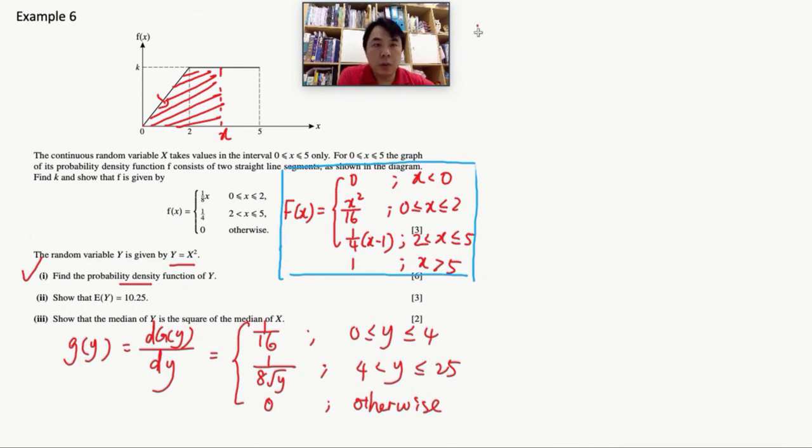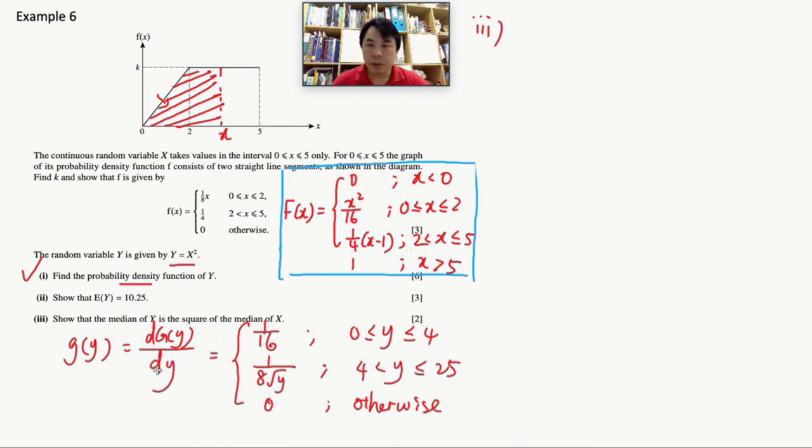Oops, I always pick up the wrong 2 here. Number 3, we need to show that the median for y is the square of the median of x. Now we're going to find out the median for y first. Since I've accidentally removed my gy just now, I'll rewrite that one more time.